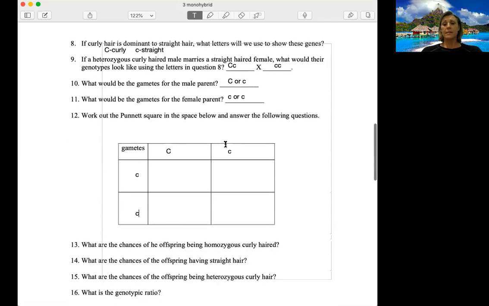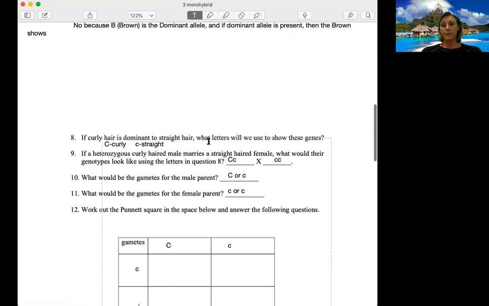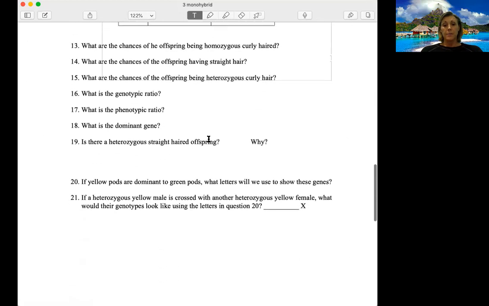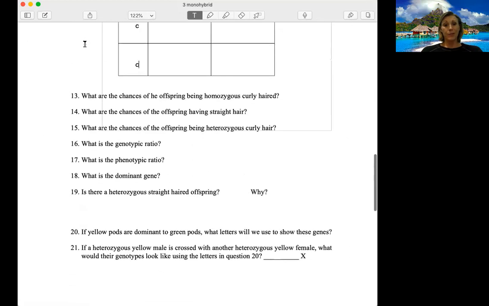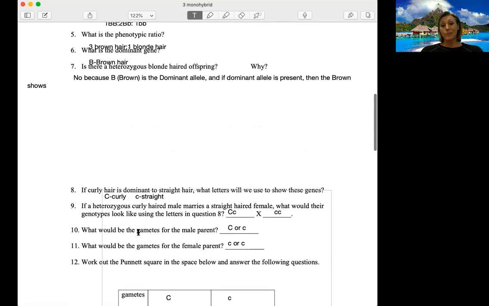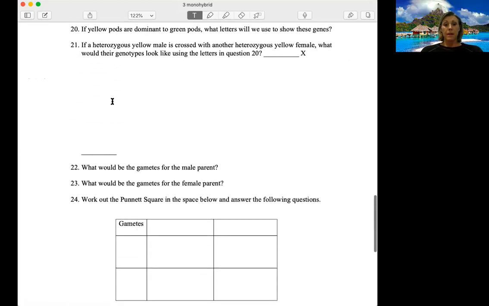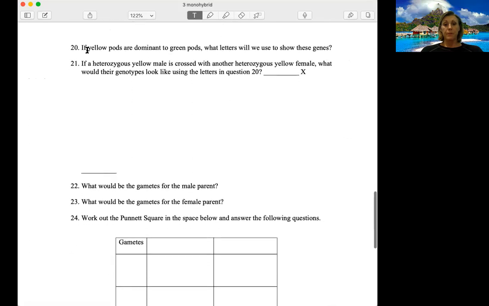And then you do the same thing that we did above. If you need a review, go back, rewind the video and look. Those ones are pretty much the same. You're going to have different genotypic ratios and phenotypic ratios. The dominant gene would be curly hair, and 19 is pretty much the same as number 7. And then I'll set up 20 for you.